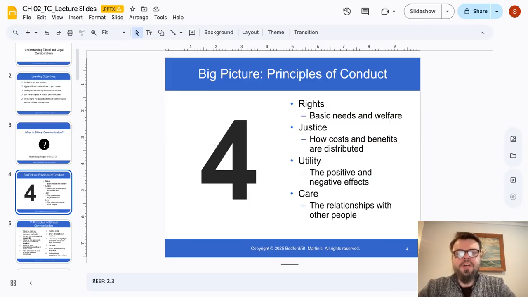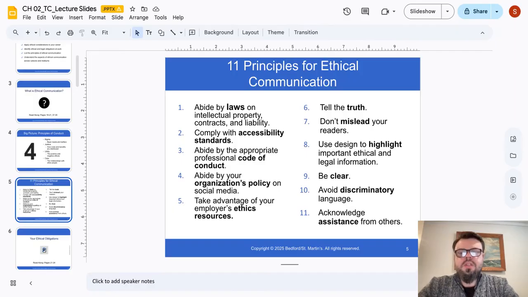Because those decisions come up constantly in professional writing, the chapter offers a more practical set of guiding principles. This slide lists 11 principles for ethical communication, and you should think of these as a professional checklist, not a memorization exercise. Together, these principles emphasize a few core ideas.